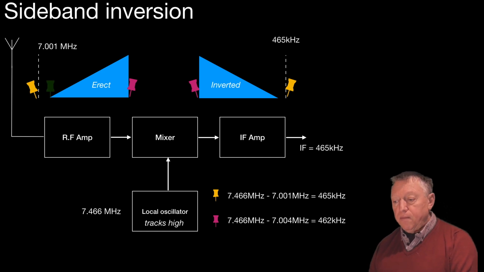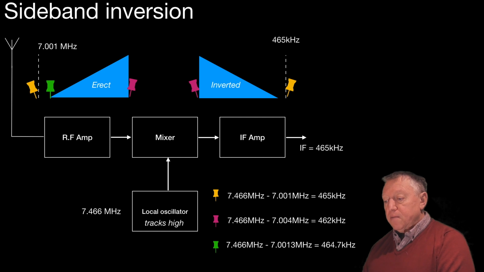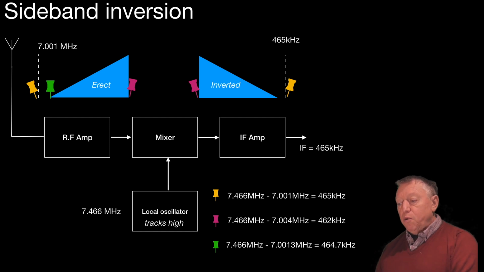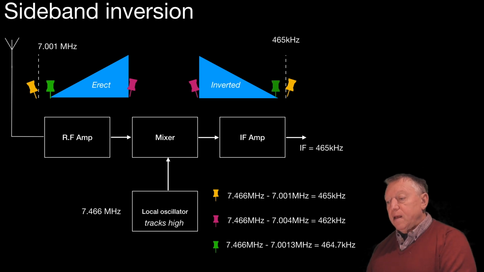We can repeat this process with 300 Hz if we want. It's unnecessary, but for an exercise, 300 Hz would be 7.466 MHz minus 7.0013 MHz, which is 464.7 kHz, enabling us to put the pin in the diagram at the IF.